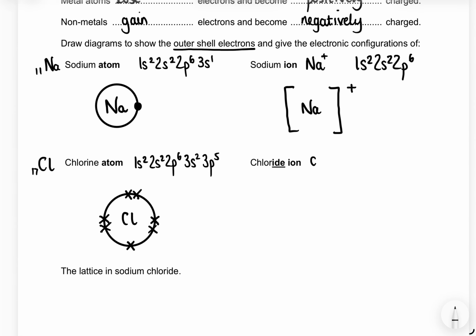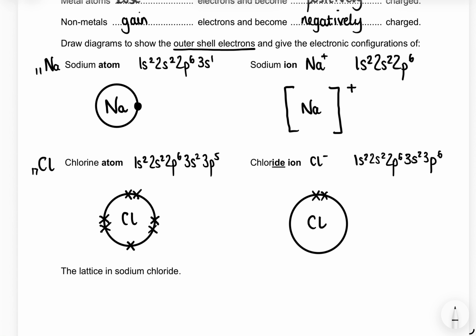The chloride ion would become Cl- by gaining 1 electron to fill the third shell. And so that chloride ion, if we draw our shell on, we do need to draw the shell this time because we filled a shell.